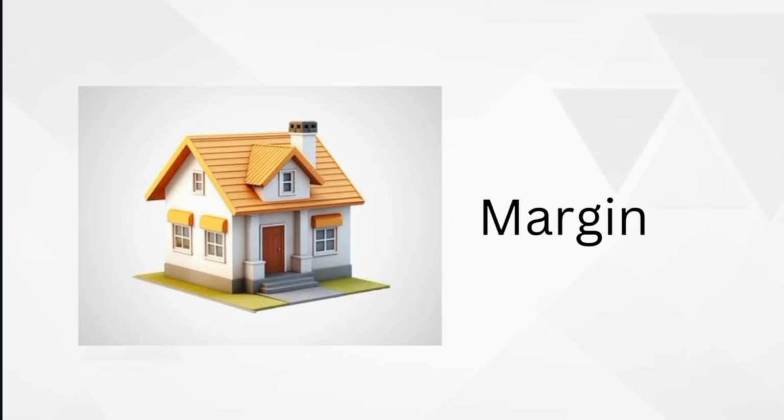Now your broker might require 2% margin, which is $2,000. 2% of $100,000 is what? $2,000. So this means you have $2,000 in your account to trade, while the remaining 98K dollars, the broker is essentially lending you that money.